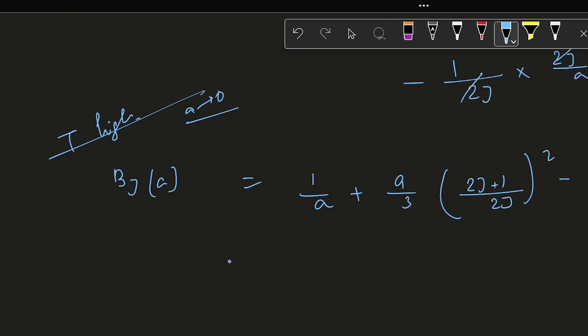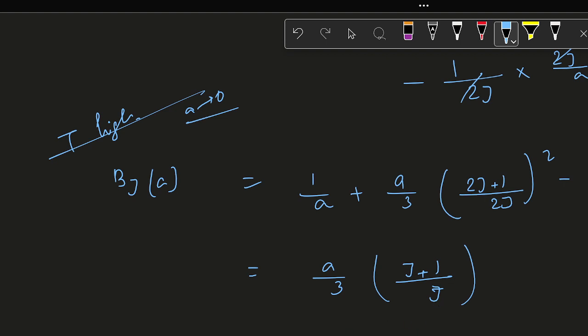Now you can further simplify, expanding this term, and get the final value as a by 3 times (j plus 1) by j.